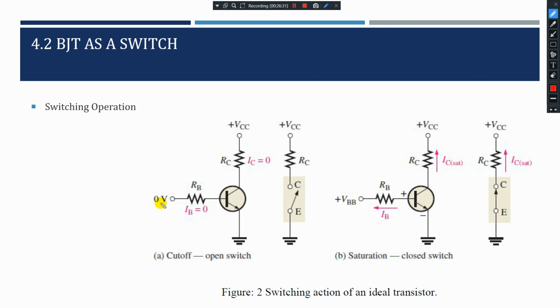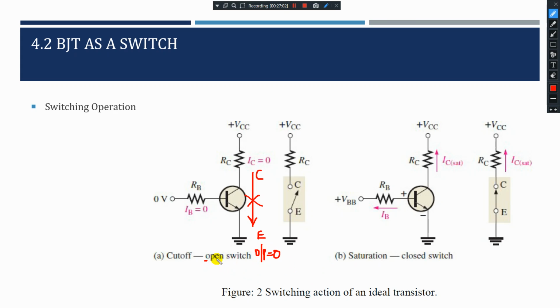So when there is no input voltage, the transistor will be in off condition. There is no flow from IC to IE. So IC, there is a current, but there is no path between collector to emitter. So if there is no path, the output is 0.